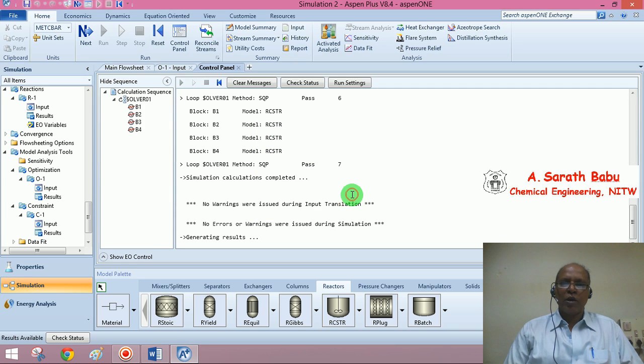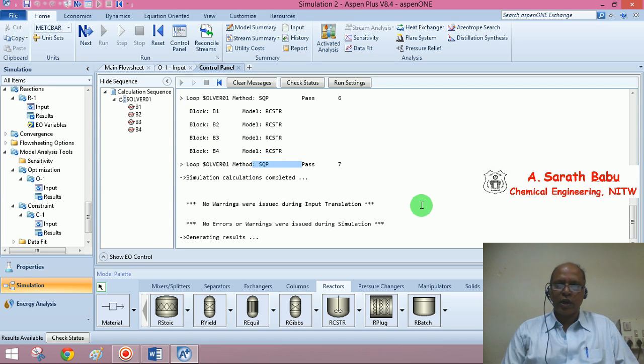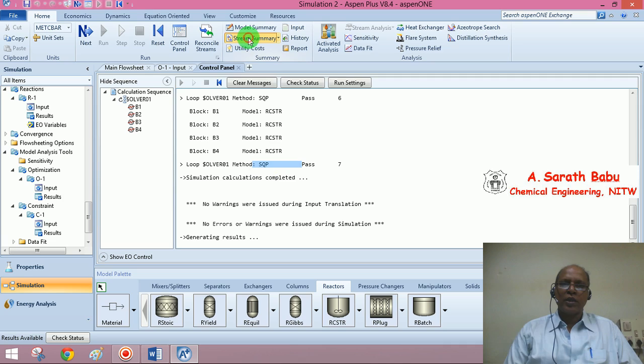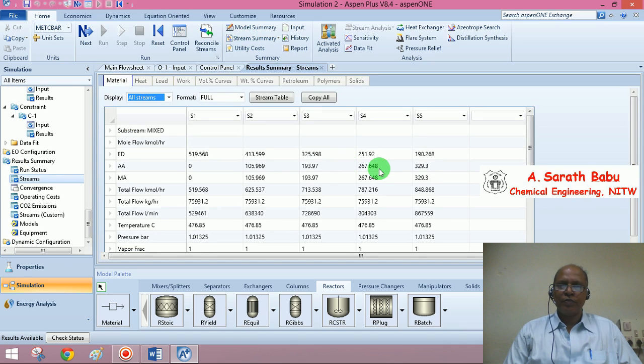Yeah, we were able to come to a convergent solution within 7 iterations. Again, the method that has been used is sequential quadratic programming. Let us look at the stream summary. So ethylene diacetate is entering at 519.568 kilomoles per hour, and we were able to reduce it to about 190.268 kilomoles per hour.